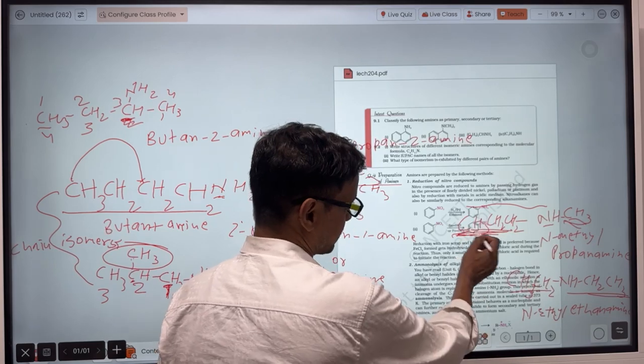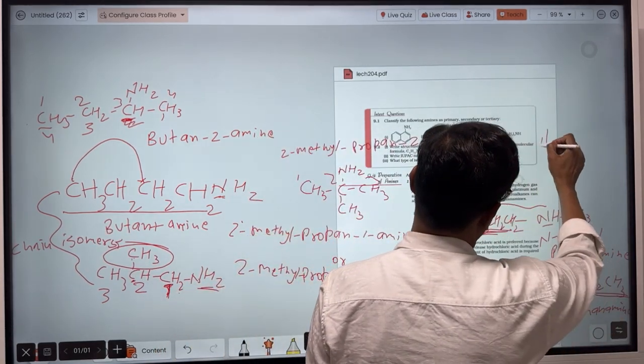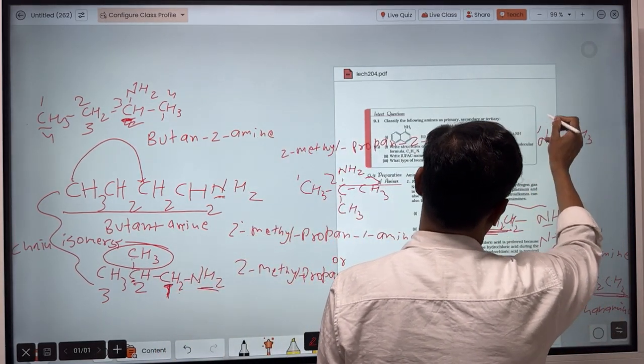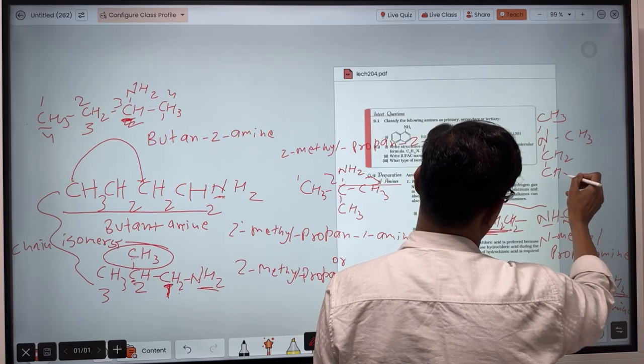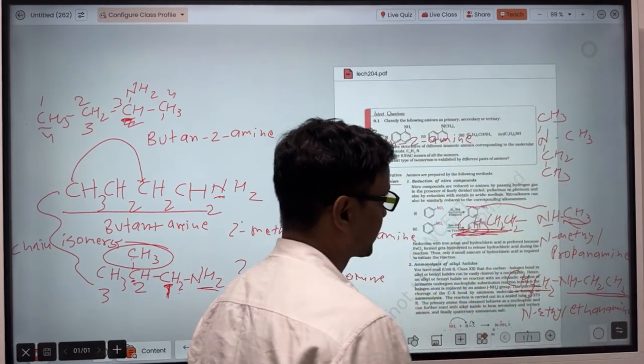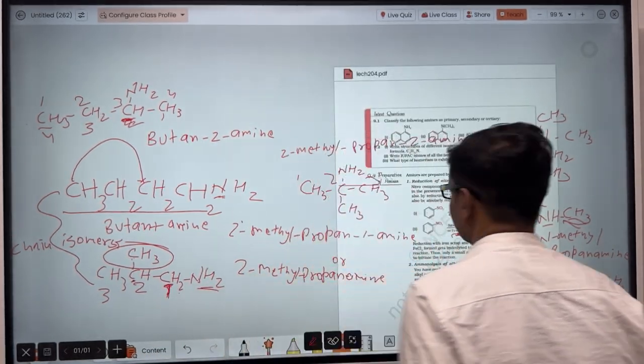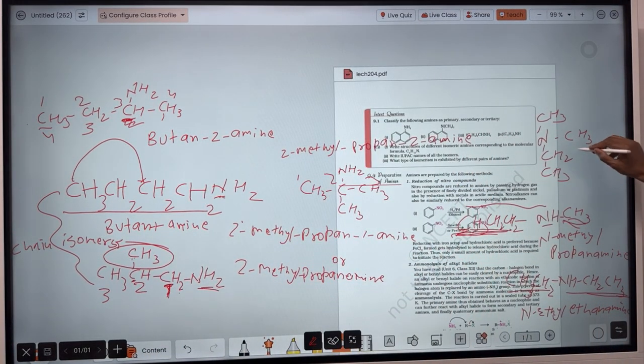Now another one: take one methyl from here and attach it to the nitrogen. So that will be this. What's its IUPAC name here? This alkyl group is of one carbon and this alkyl group is of one carbon. So this one will be considered a substituent and the parent name will be ethanamine.